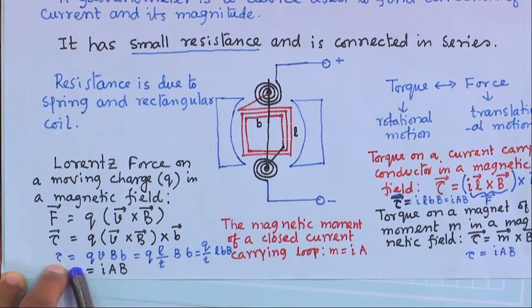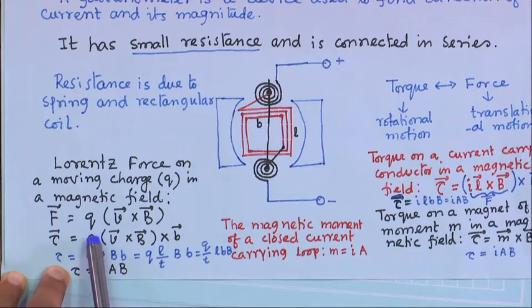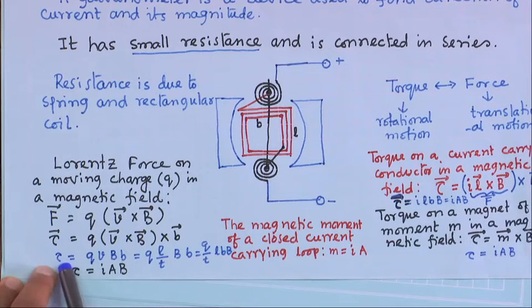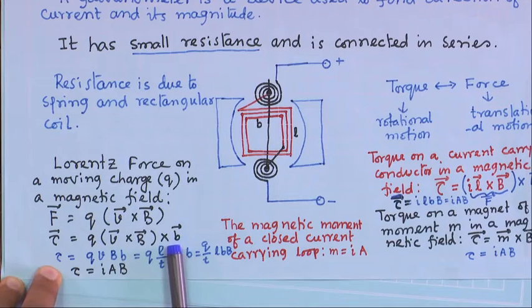So, now I can write tau equal to Q V B, and V, B, and this b are all perpendicular to each other. So that is why it will come directly, and the ultimate direction of the tau, that is the axis of rotation, one can find out from the cross product.